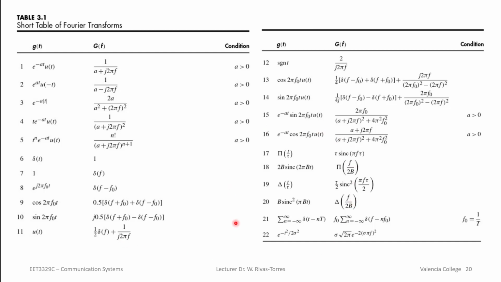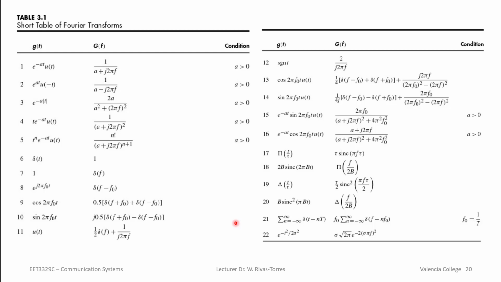And if you go to other textbooks, in linear systems or some of the signal processing courses where you study the Fourier transform, and even in some other electrical engineering courses, you would find tables much longer than this one with more entries.